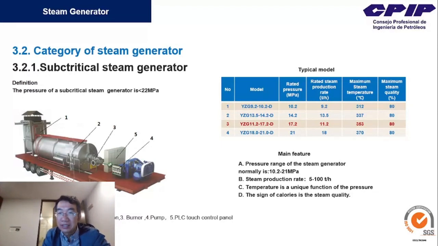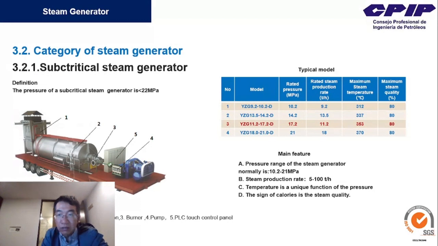We can see the typical model. For this one, the maximum steam temperature is from 312 to 370, and the steam quality is 80%. We can see the main features of this generator.